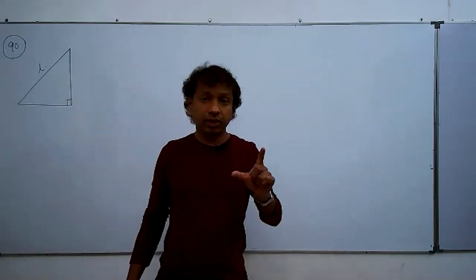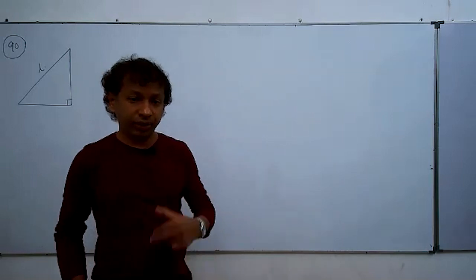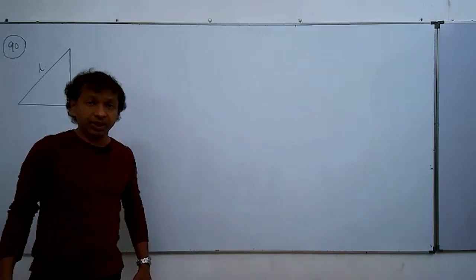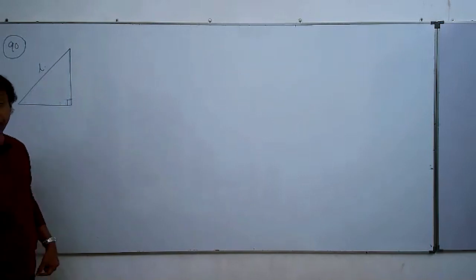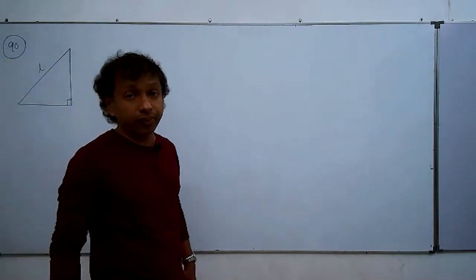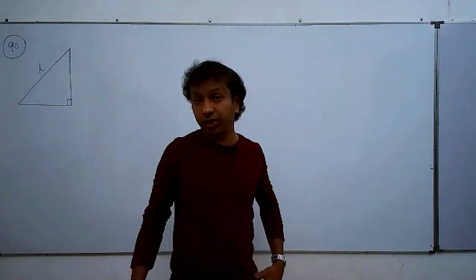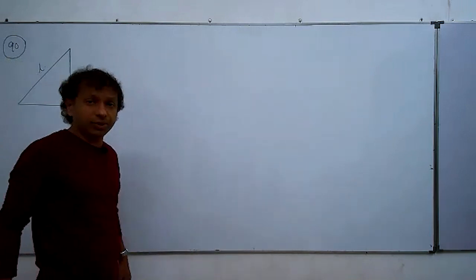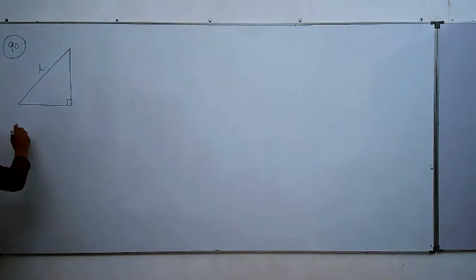We are given a particular length for this hypotenuse that I have taken as L. Now we can't change that L, because if we change it, then the given one is not used. So we have to use the given thing. Therefore, we are not allowed to change that given hypotenuse. So therefore, L is a constant.